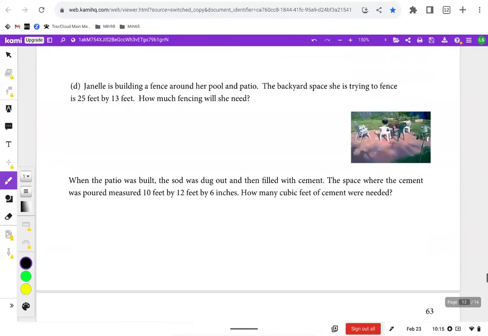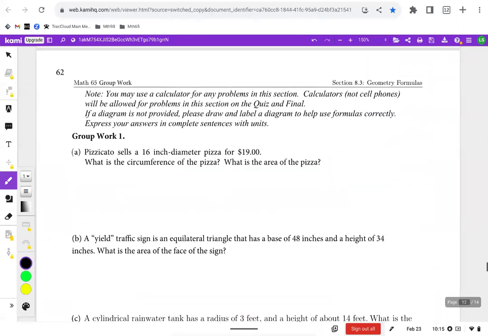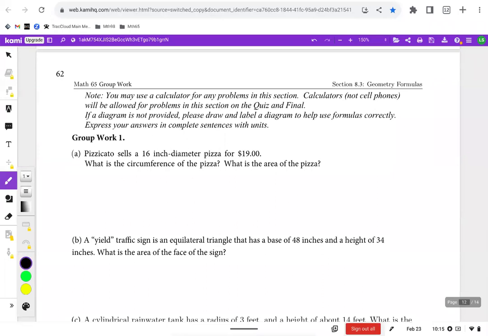So this section is designed to give you a chance to experiment with these formulas. I mean, normally we would do it all in groups. I'll do the first 2 just to model how it's done, and then I'm hoping that you will see what you can do with the rest of them and go back and look at the answer key. And it has an important note at the top of page 62.